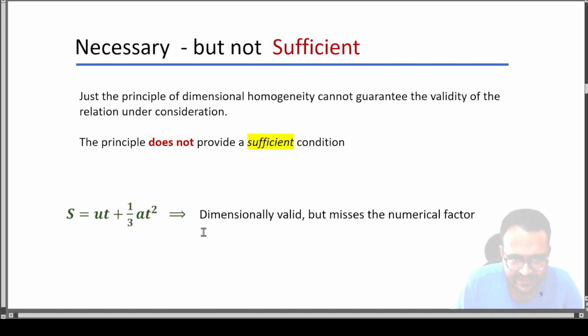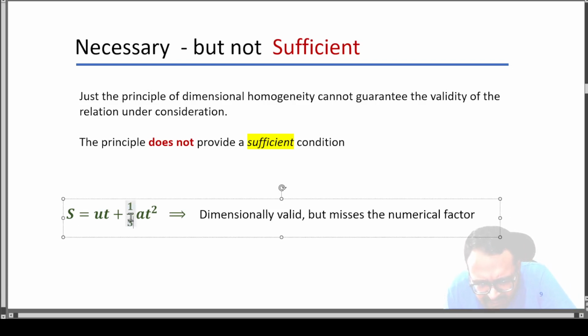So what are they? You know, S equals ut plus half of at square. This is a relation. But say if I say S equals ut plus 1/3 of at square, this is dimensionally valid. Definitely dimensionally valid.